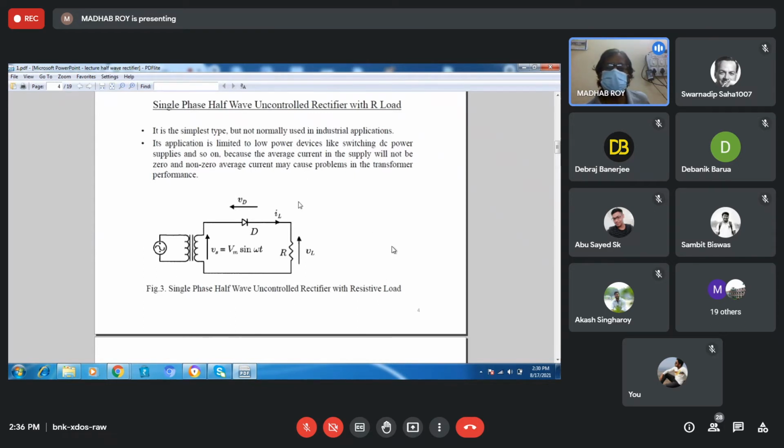Uncontrolled means that when we apply the diode, it is controlled only by the bias voltage, whether forward or reverse. There is nothing else controlling it except the bias voltage. Now in this circuit you can observe that a single diode has been applied, and this is the symbol of the diode.